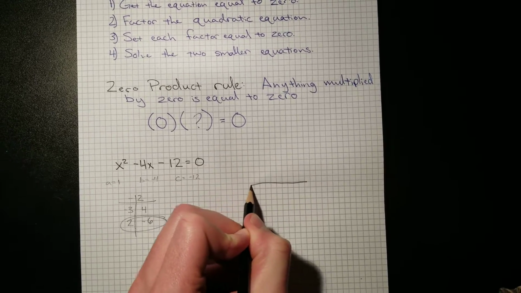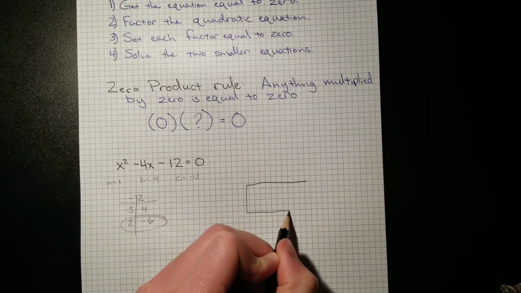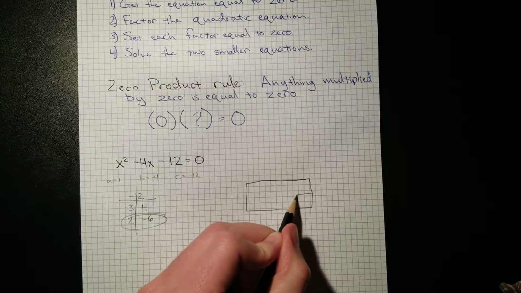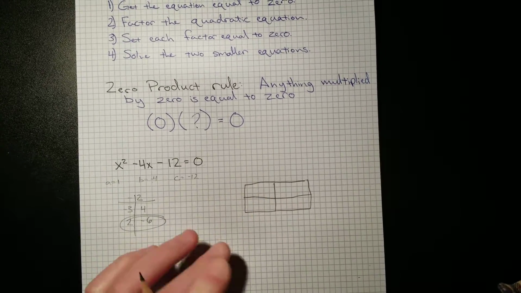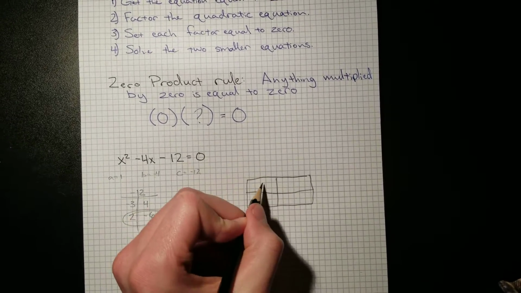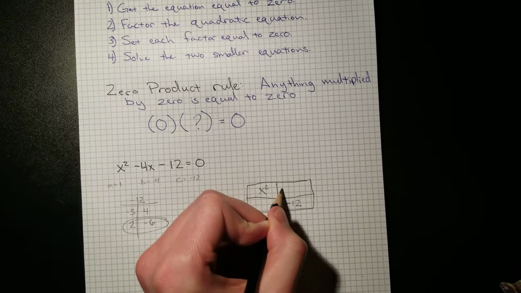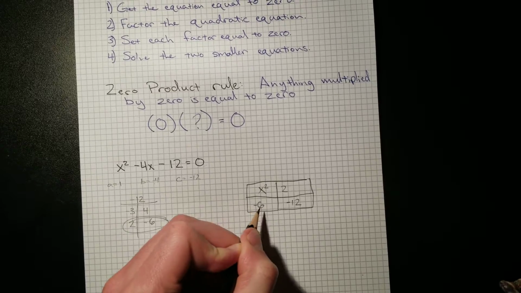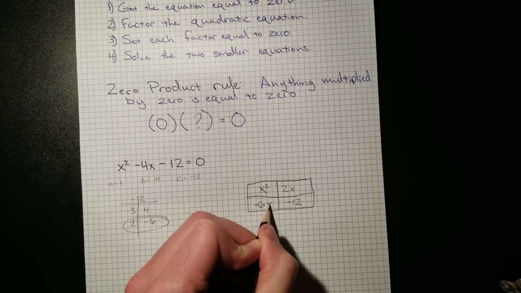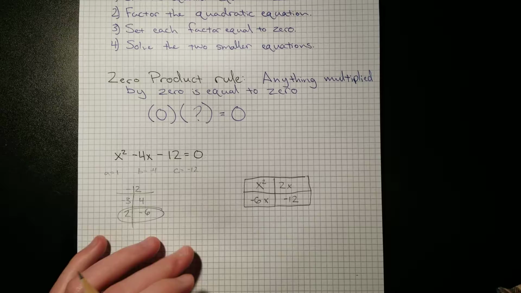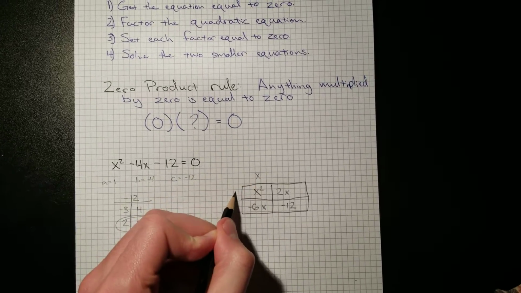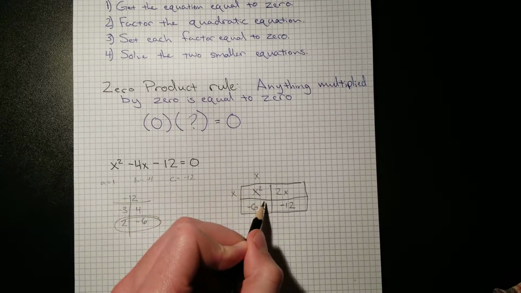Then I make the box, right? And in my box, I'm going to put the x squared here. The -12 goes here, and then 2 and -6 go in those two spots, and you put an x next to them. So that means we have x times x for x squared.